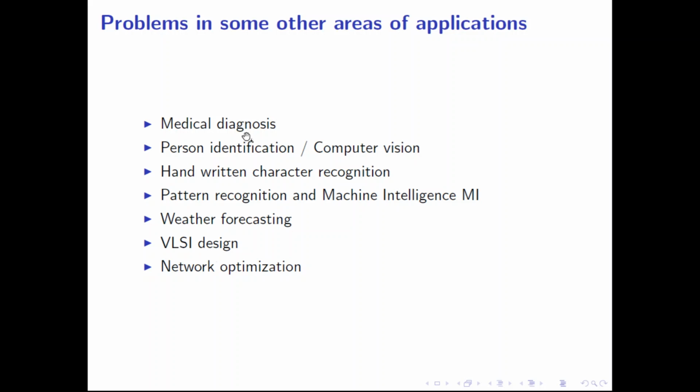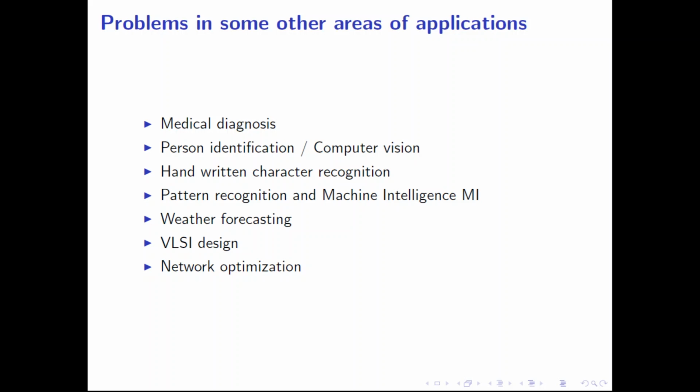For example, take medical diagnosis. When a doctor diagnoses a person for a particular disease, the doctor cannot say 100% that the symptom is because of this disease. It is something like a probability. So in such cases, hard computing cannot work.